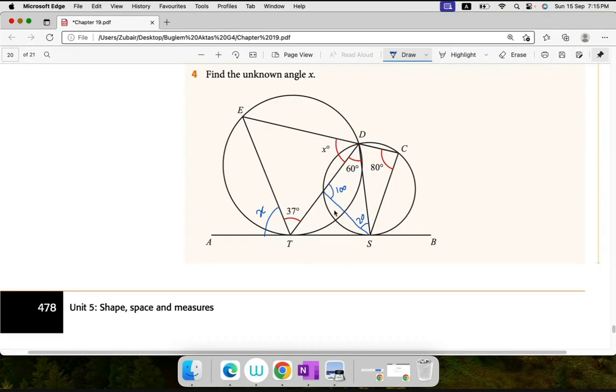Would 80 be reflected onto the S? I don't think so. I just wrote that 100 taking DS as the chord. And that 100 angle in opposite segments. This is 80, this is 60, this is chord. 20, 60, this would be 60.